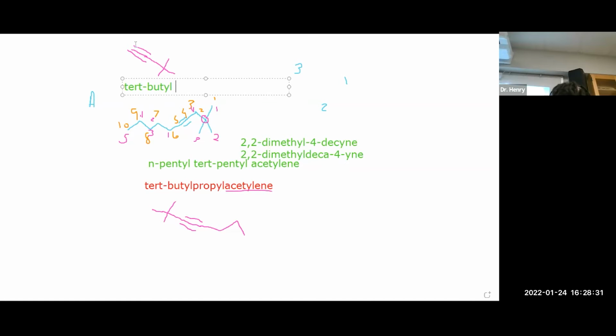Because there's nothing on the other side, there's just that triple bond. You guys want to help her out? That's right. So acetylene just represents the triple bond, right? Okay, so remember, the triple bond is always represented by acetylene.